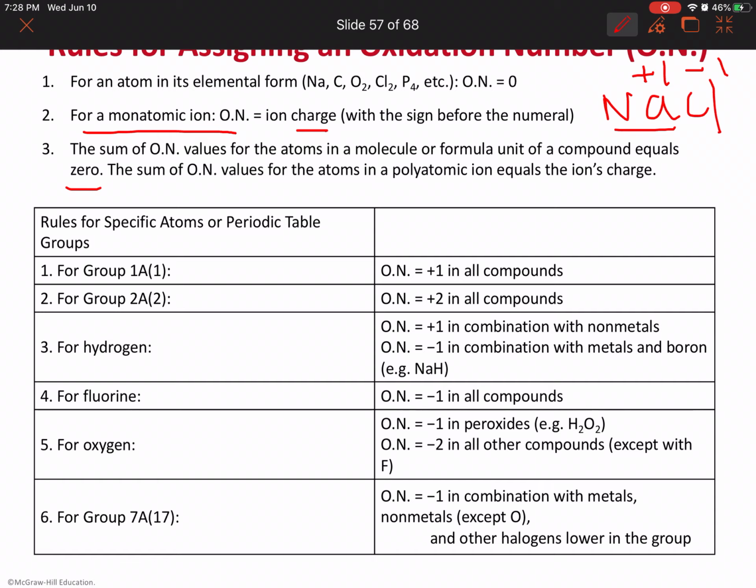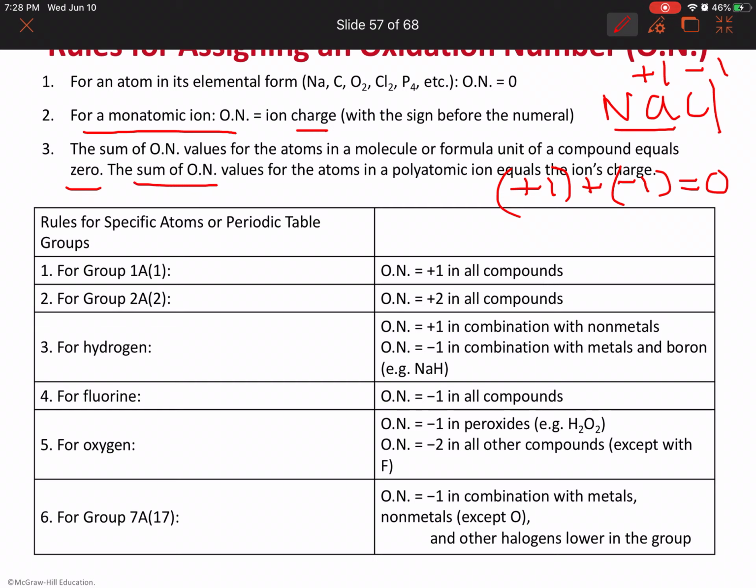So in a neutral compound, you take the charges of +1 for sodium plus the -1 for chloride. So +1 and -1 equals 0. That's what it says: the sum of oxidation number values for the atoms in a molecule or formula unit of a compound equals 0.